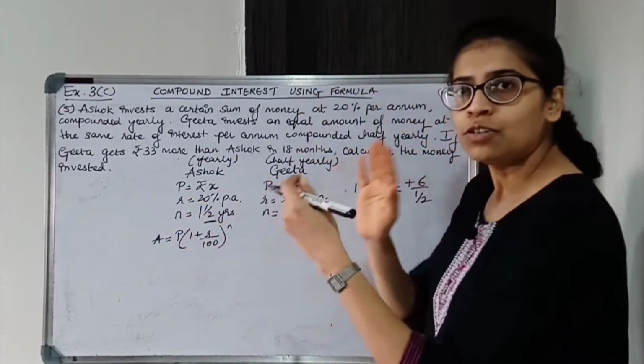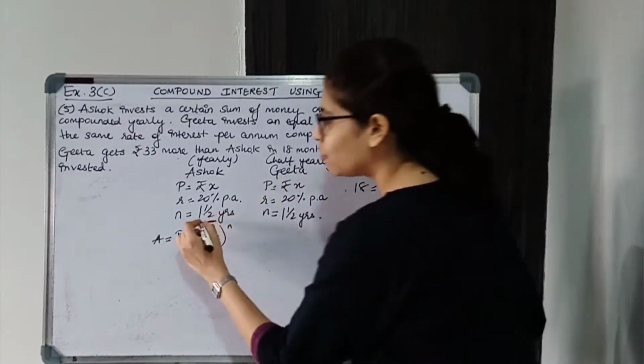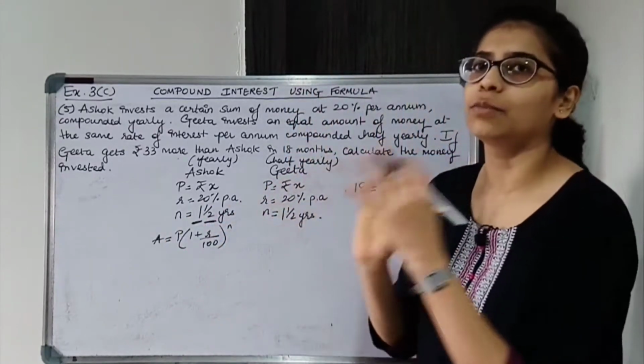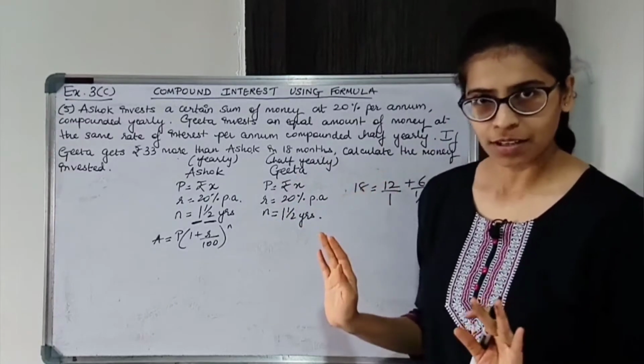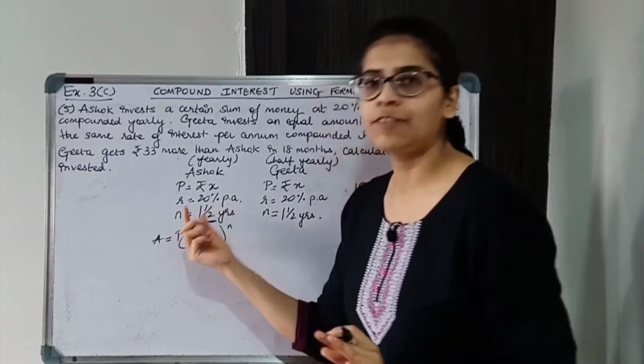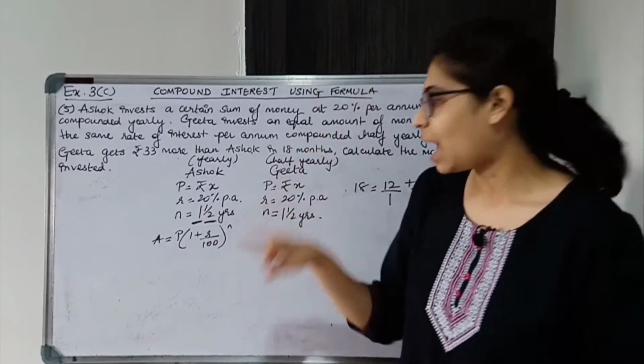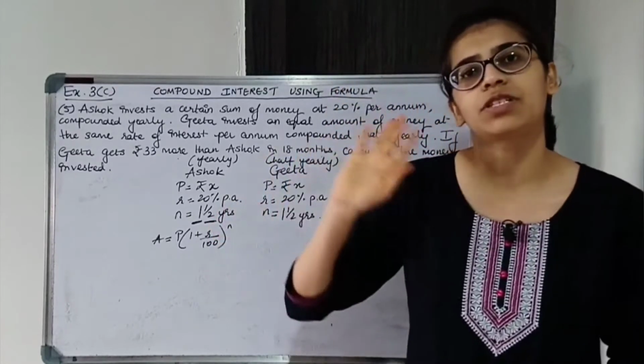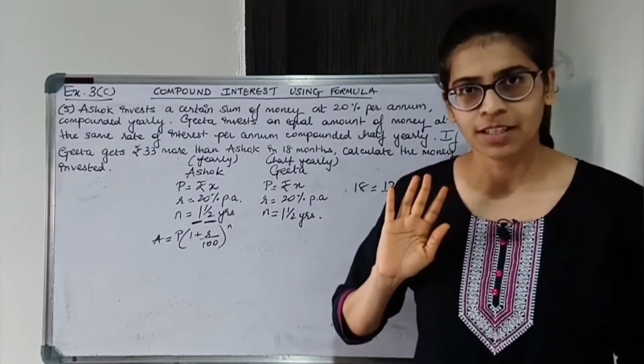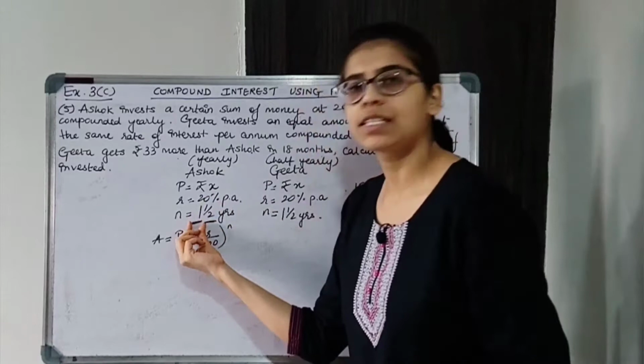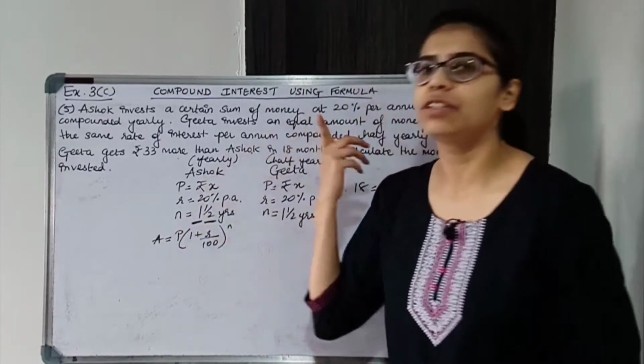Fraction part you will find the amount separately, and for the natural number part you will find the amount separately. So for 1 year we will find the amount separately, and for half year we will find the amount separately. That amount will become the principal for the next half year.